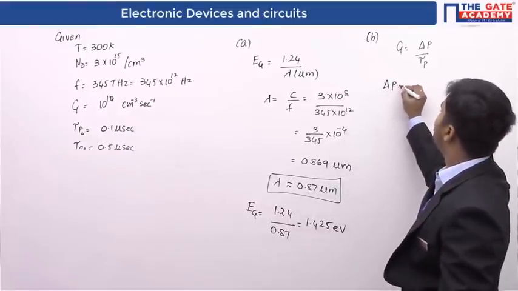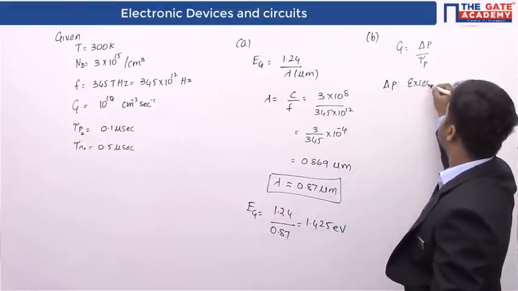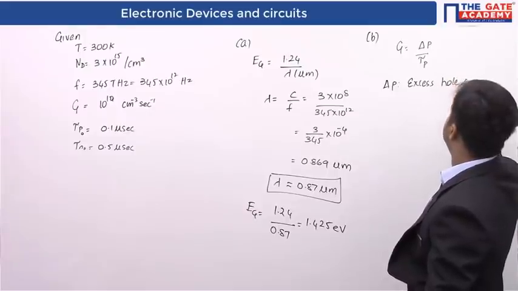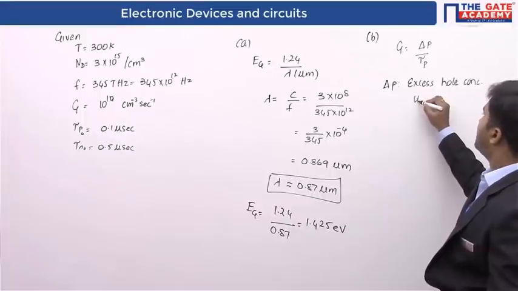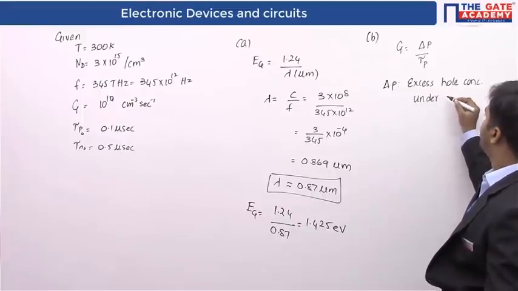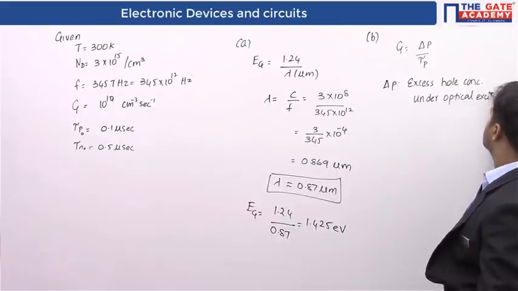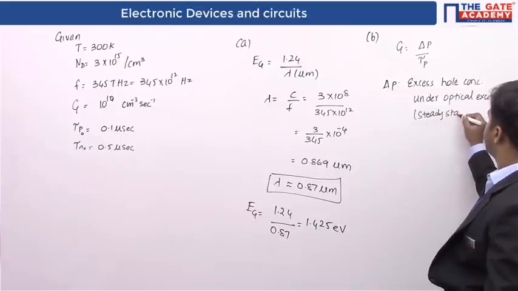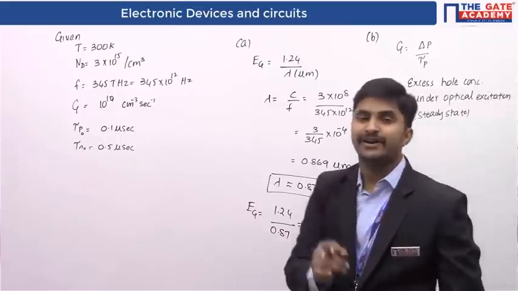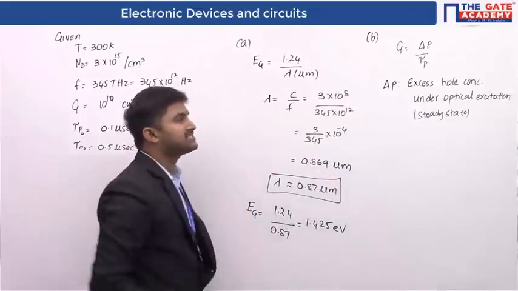Del P is nothing but the excess hole concentration under optical excitation in steady state.